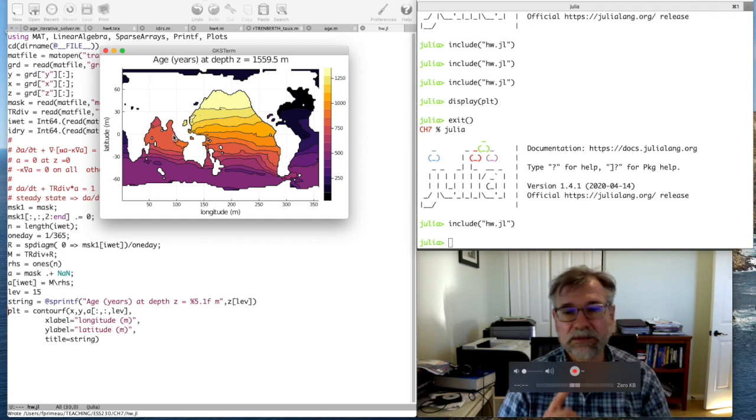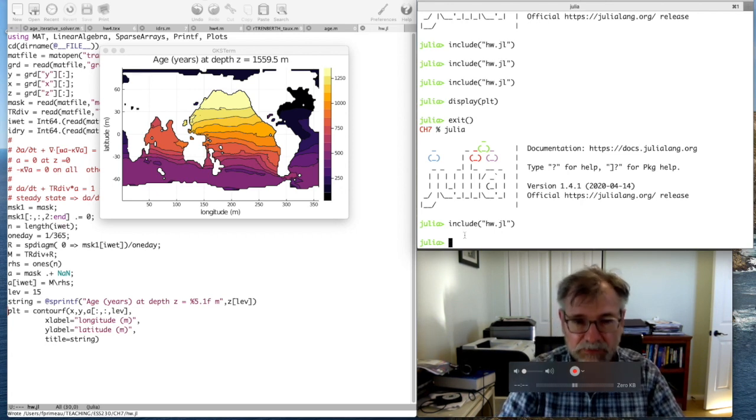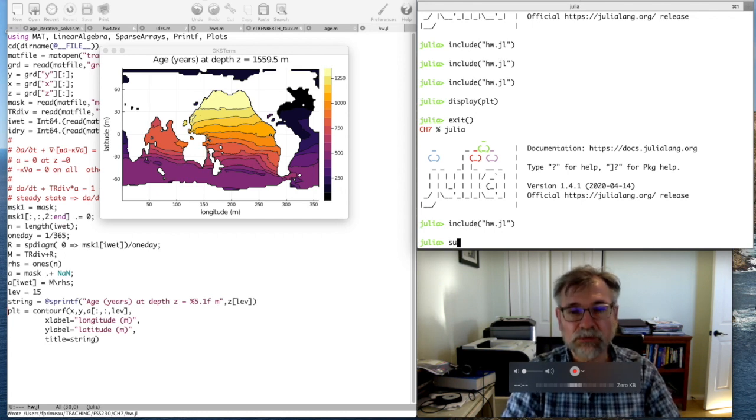Okay, let's calculate now. I'll try to calculate the globally averaged, volume-weighted average of the age over the whole ocean. That can be done simply by doing a volume integral of the age. So we sum the age in all the wet grid boxes. First I need to extract the volume, so dV is equal to GRD dV, colon, like this.